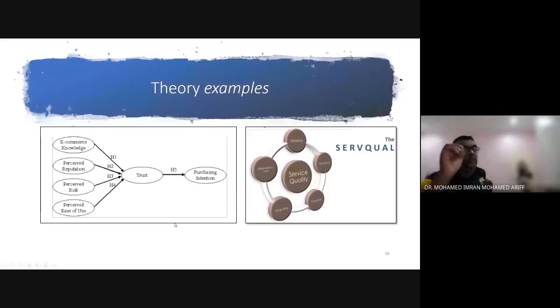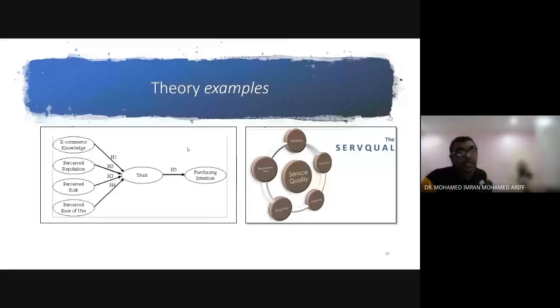Okay, kalau kita lihat kat sini, this is what we say as a theory. Inilah satu teori. So this theory can be used in macam-macam field. Let's say kita guna teori ini untuk, we want to find out berapa ramai orang yang berbelanja during Shopee 11. So we use this theory.